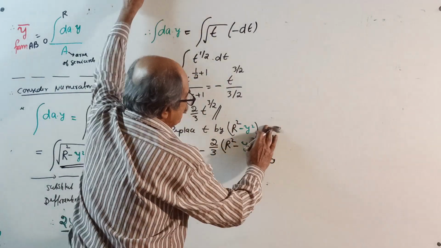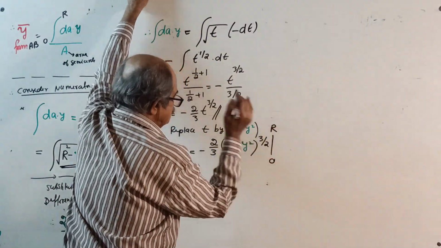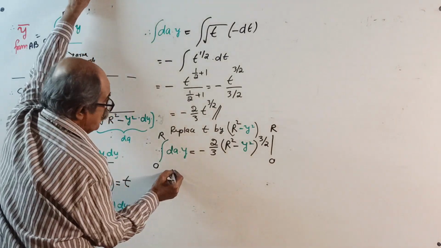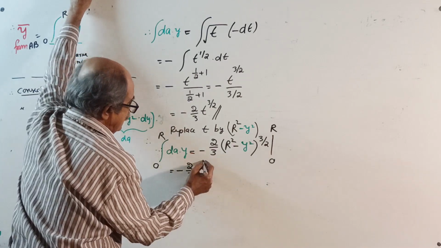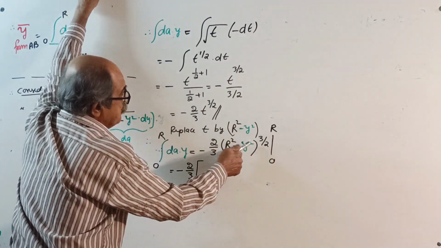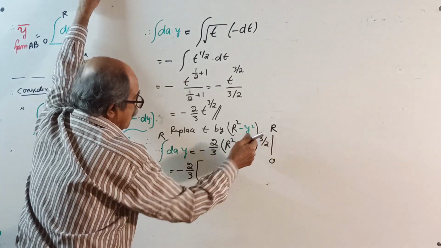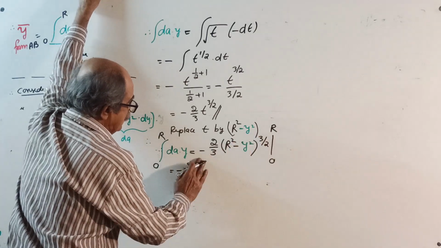Minus 2 by 3 times: put the upper limit y equal to r. I use a big bracket here.